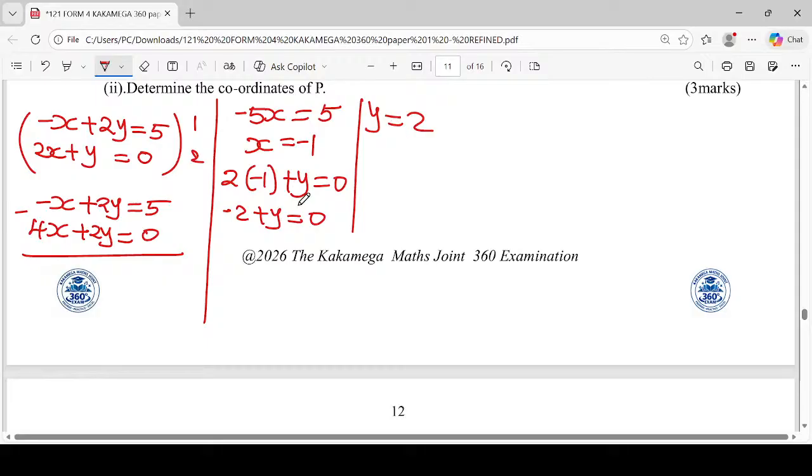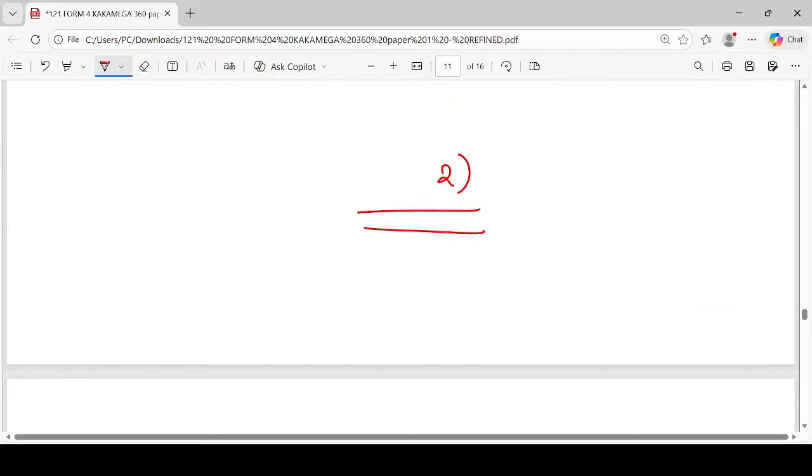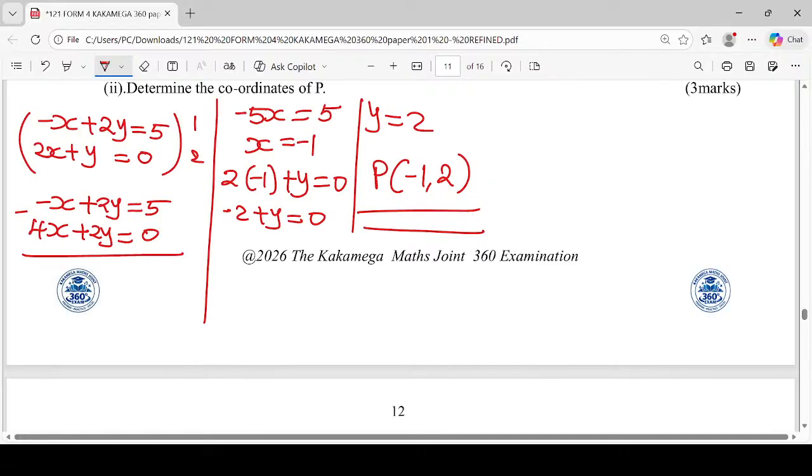And after getting that, it means now that the coordinates of P are -1, 2. And that's how you get 10 marks.